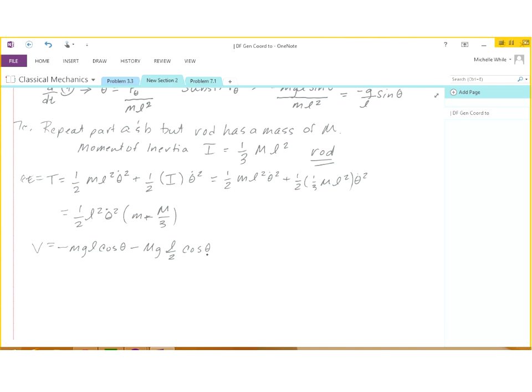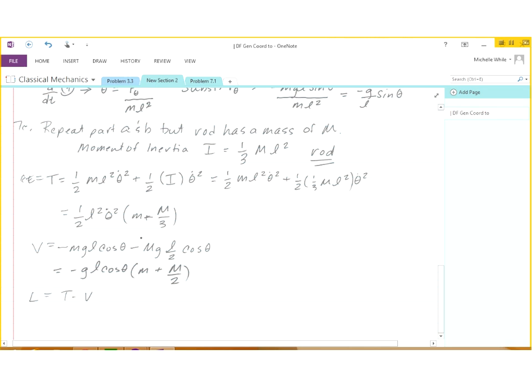But the rod itself, the material, is consistent in the same size, which allows me to divide the length of the rod by 2. So basically doing the average mass by doing the average length of the rod. And this is equal to minus gL cosine theta times the mass at the end of the rod plus the mass of the rod divided by 2.